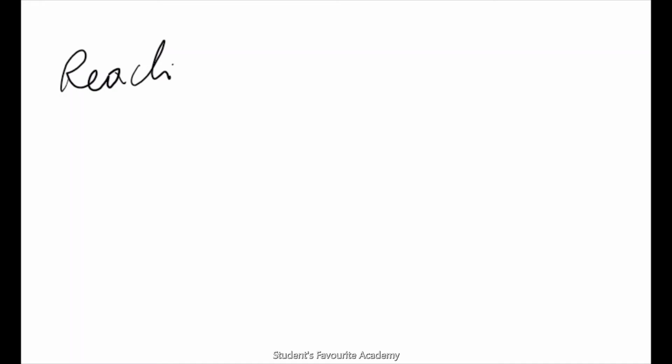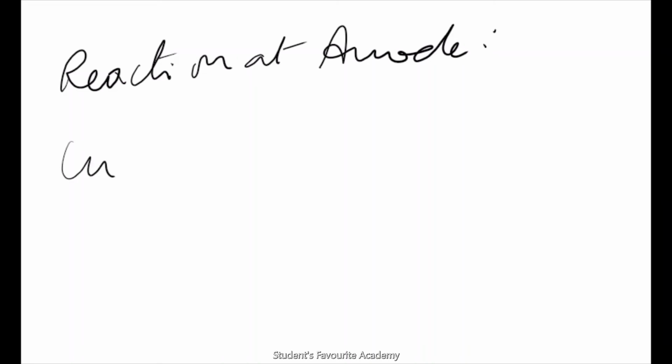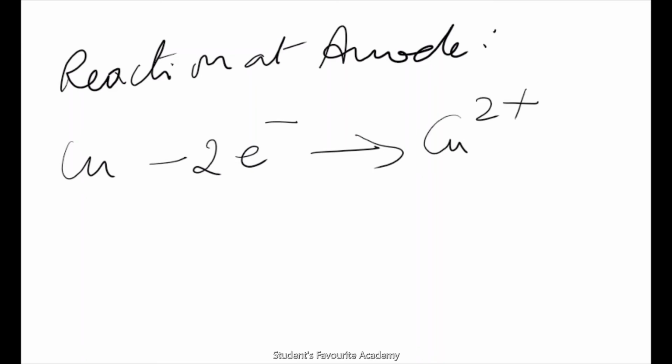Now the reaction at the anode. Copper loses 2 electrons and forms Cu2 plus ions.